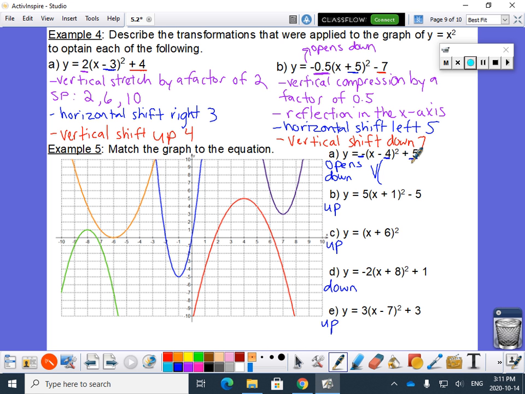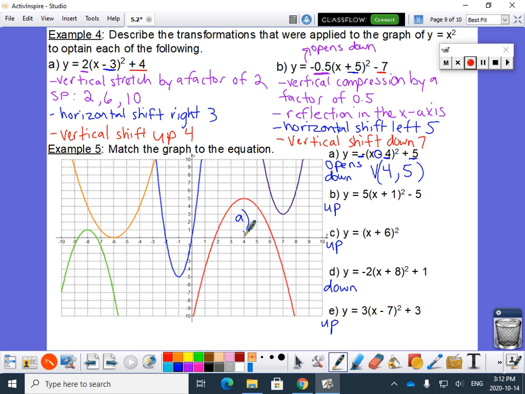So remembering that the negative here is part of the vertex form, the x value of the vertex is really positive 4, not negative 4. Okay, so we would find the parabola on the graph that has a vertex of 4 and 5. And if you look that up, this guy here is A.